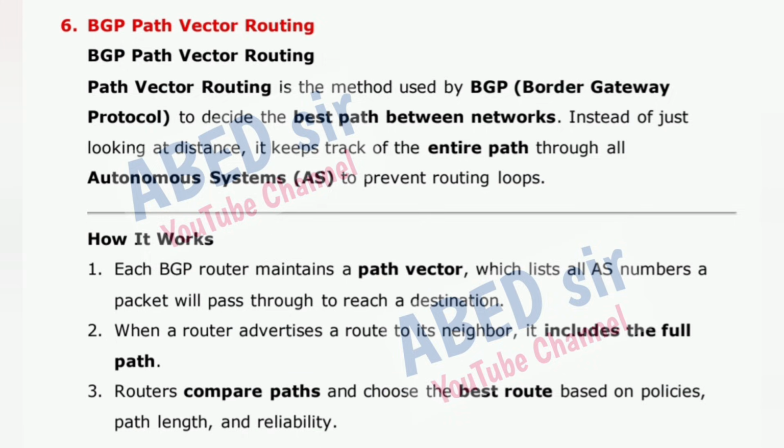Each BGP router maintains a path vector, which lists all AS numbers a packet will pass through to reach a destination. 2. When a router advertises a route to its neighbor, it includes the full path. 3. Routers compare paths and choose the best route based on policies, path length, and reliability.